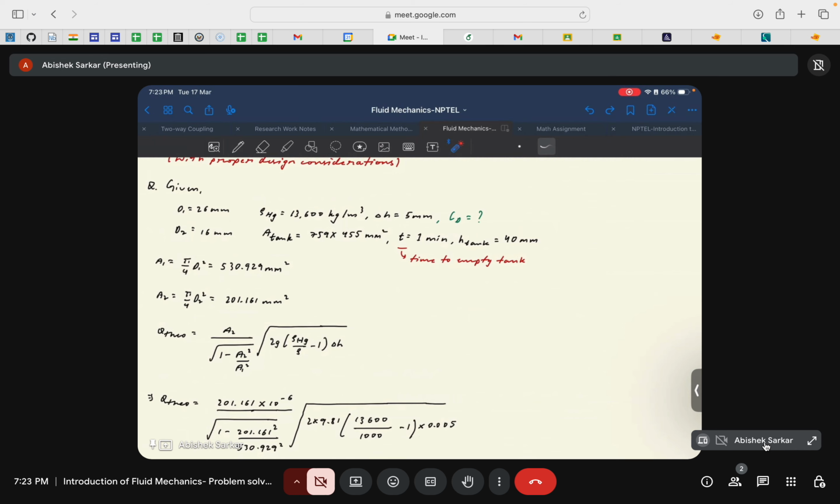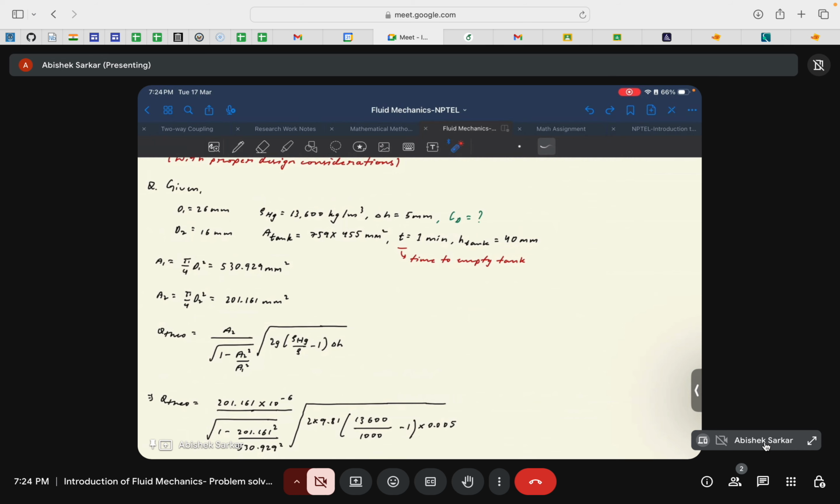Let us say the tank in which the fluid is being filled is of area 759 times 455 millimeter square, and the time to empty the tank is, say, 1 minute. The height through which the fluid has been emptied is 40 millimeter.